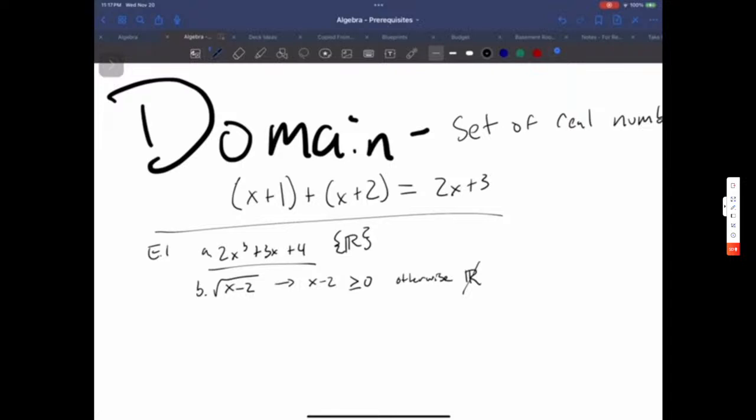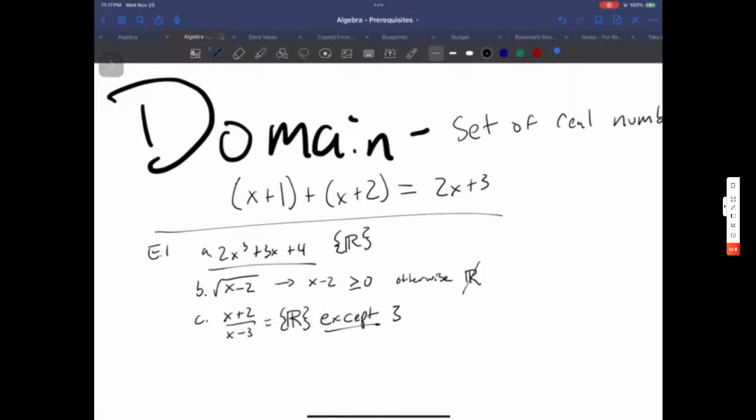The domain of the expression, and this is a nice little interesting one, x plus 2 divided by x minus 3, is all real numbers except 3. Why?